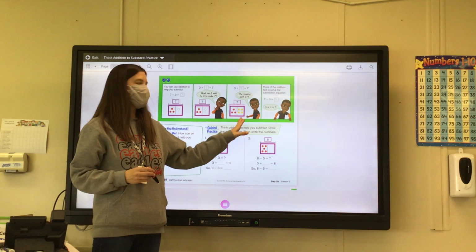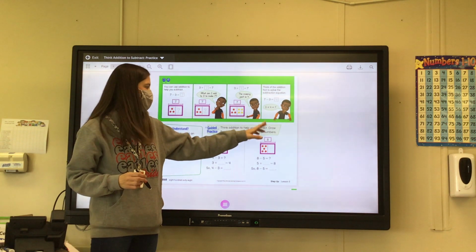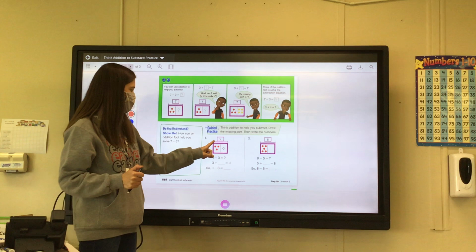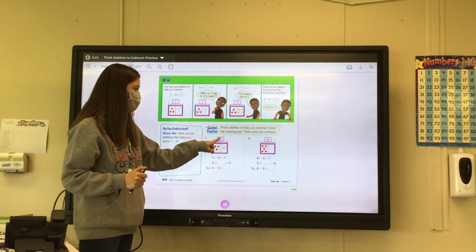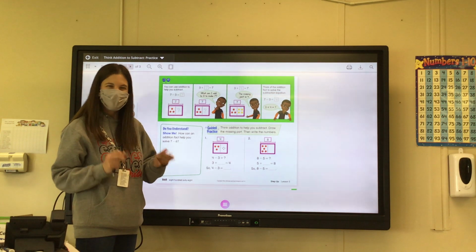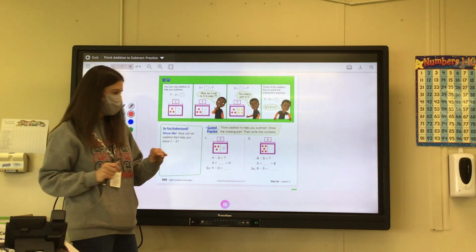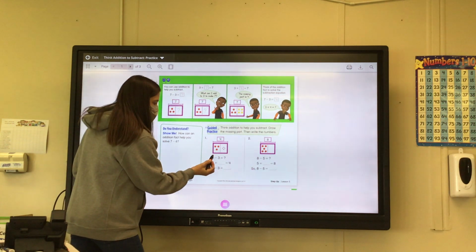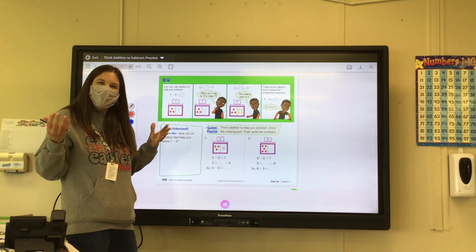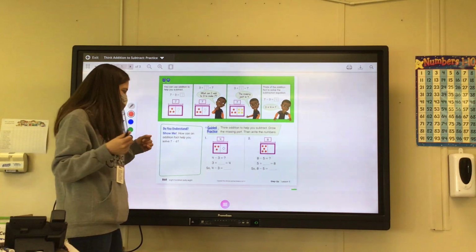Think addition to help you subtract. Draw the missing part and then write the numbers. So let's look here. We know the whole, we know 1 part, and we're figuring out the other part. They sort of have done it for you. So if we have 4 minus 3 equals what? We could try to figure it out by adding 2 numbers together to find the whole.